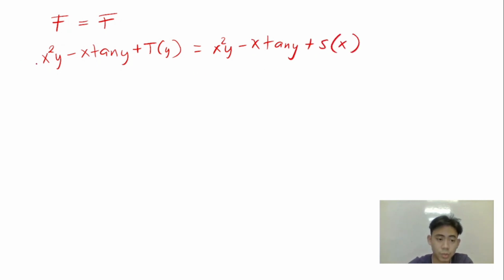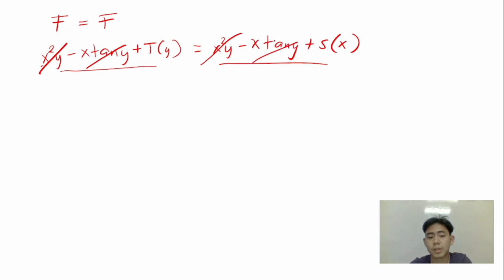Okay, so this will be the first f and this will be the second f. So x squared times y and x squared times y, since pareha sila ng sign and nasa magkabilang side sila, once na nilipat yung isa, is magiging negative. Okay, so magiging 0 ulit yan, mga lodi. Okay, so same sa negative x tangent of y, sa other side is negative tangent of y or negative x tangent of y, so makakancel ulit yan.